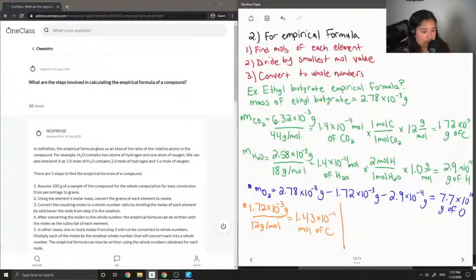For hydrogen, it's 2.9 times 10 to the negative 4 grams over 1.01 grams per mole, and we get 2.87 times 10 to the negative 4 moles of hydrogen.